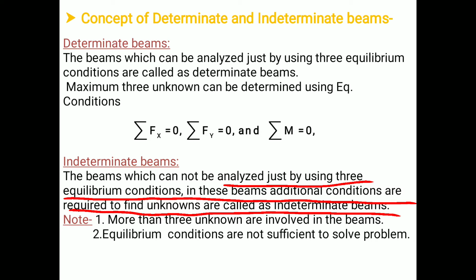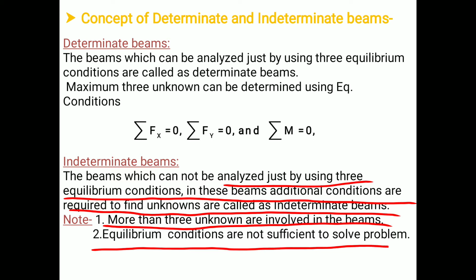In case of indeterminate beam, more than three unknowns are involved. So as discussed, we have more than three unknown reactions, therefore it cannot be analyzed by using three equilibrium conditions. And the second one is, equilibrium conditions are not sufficient to solve the problem. So this is all about the concept of determinate and indeterminate beam.